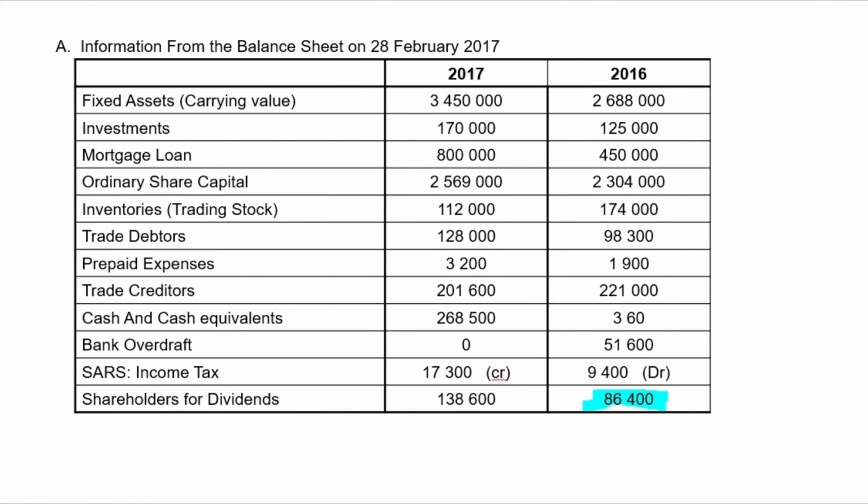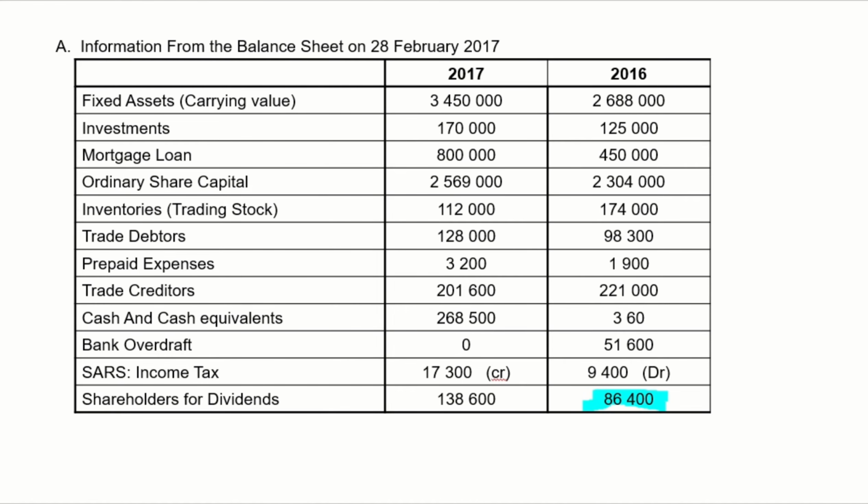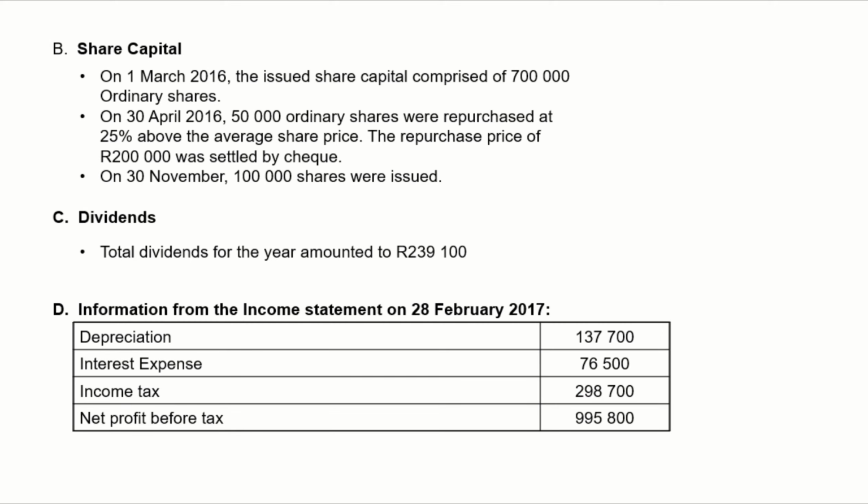They gave us 138,600 rands. So now that means that the interim dividends plus this amount over here, they actually add up to 239,100 rand. You get what I'm saying?